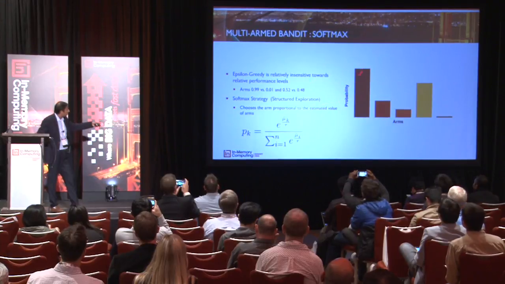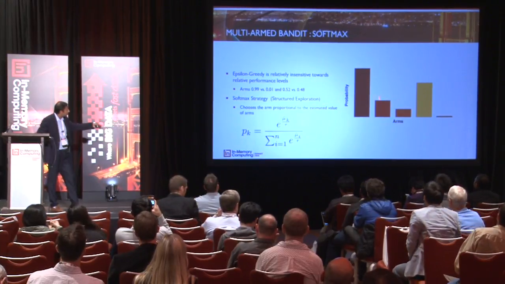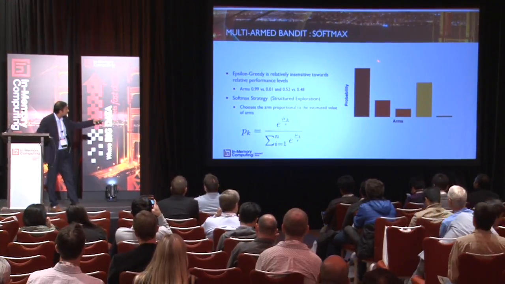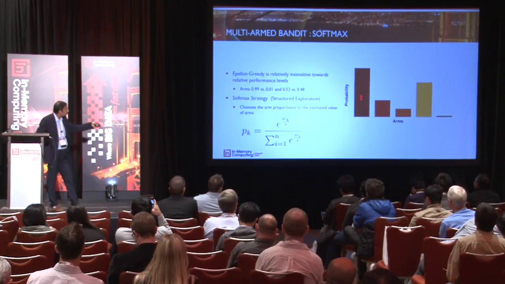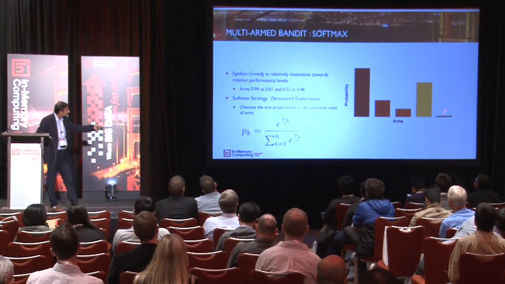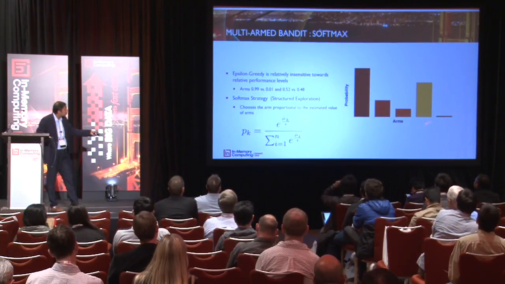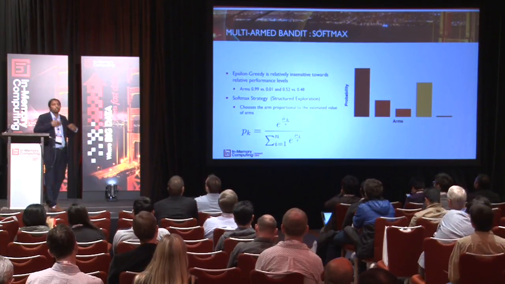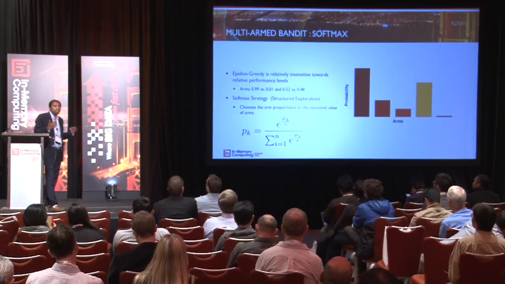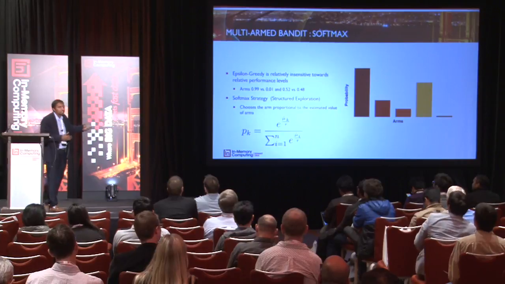So this arm or this action would be chosen most of the time, and then next would be this second best option, and then the last one would be this one. So depending on the proportion of the money or the reward or clicks that you are getting from the system, you take those actions appropriately.